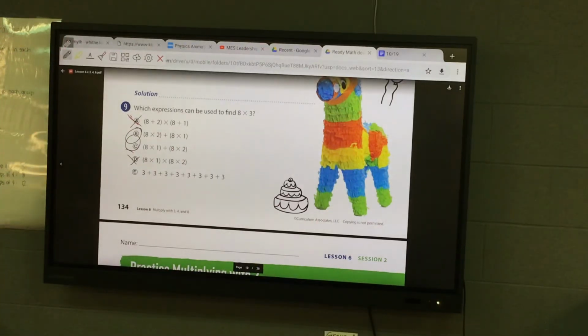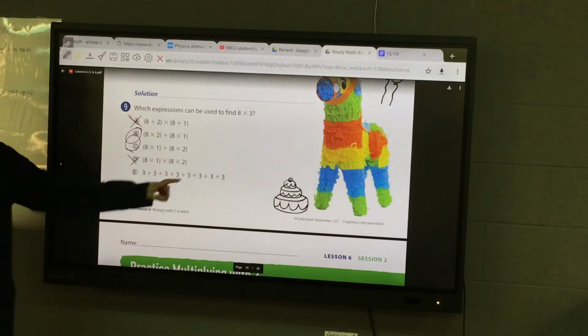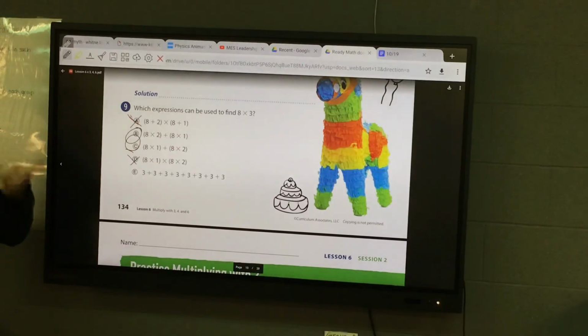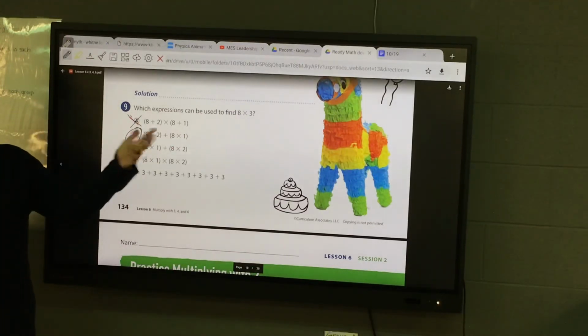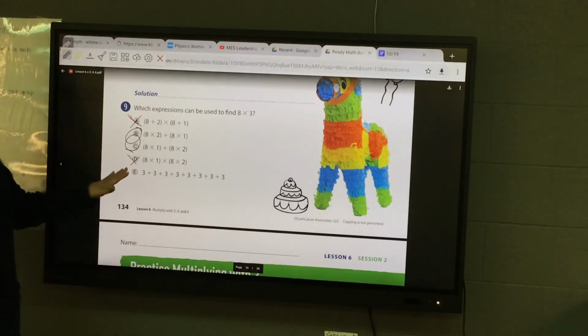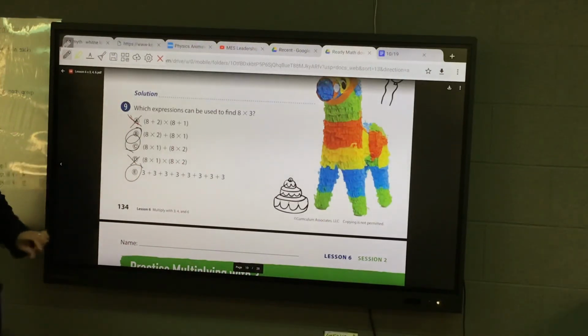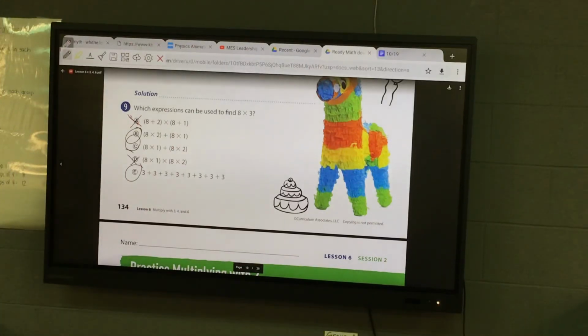No. How many 3s are there? 8. Ooh, is that a correct expression? Yes. Skip counting by 3s or counting by 3s 8 times. So could we circle it? Yes. Get that circled and then put it back in your folder.